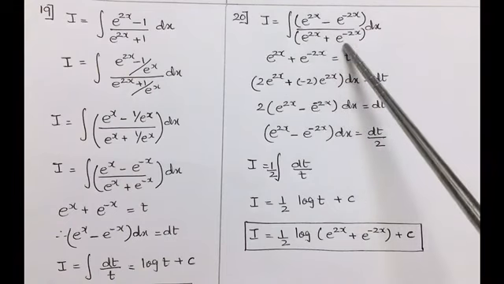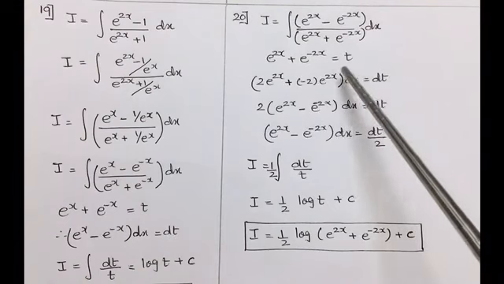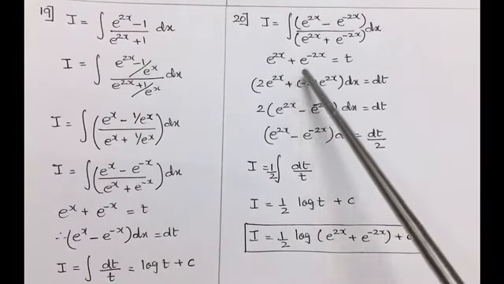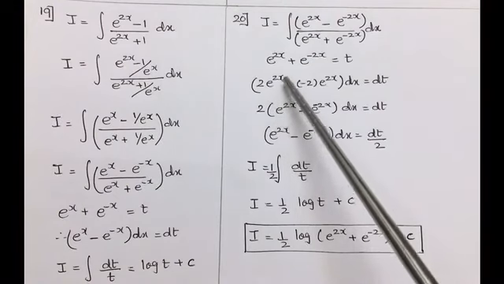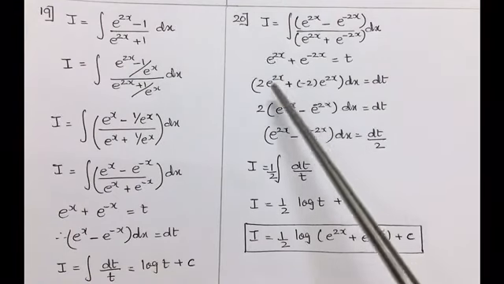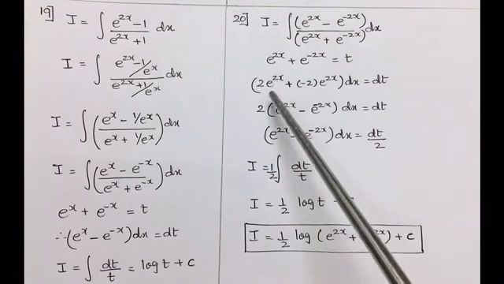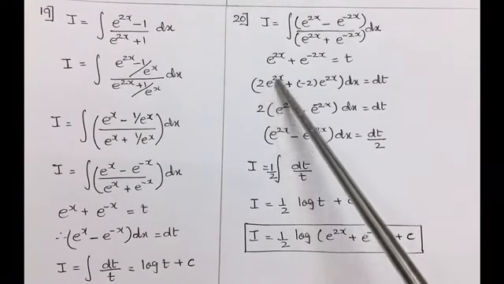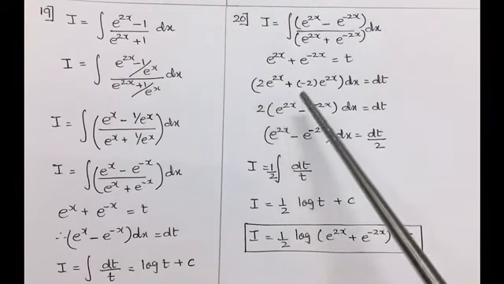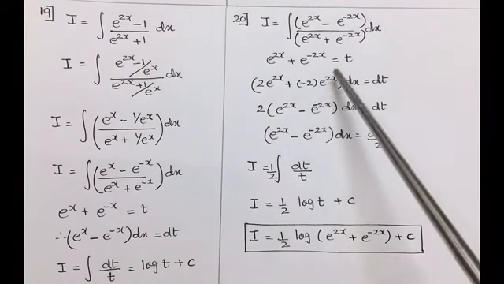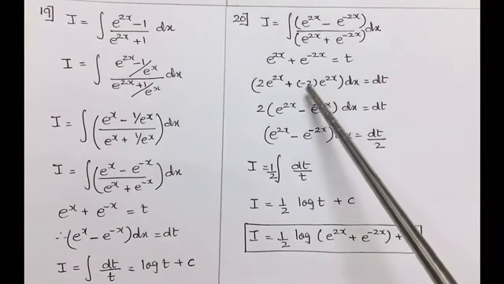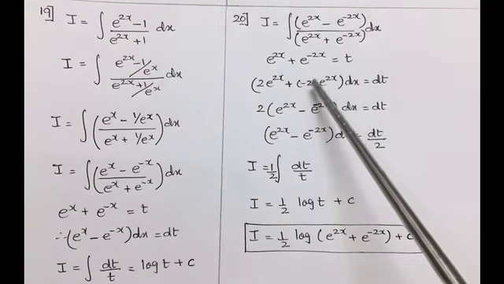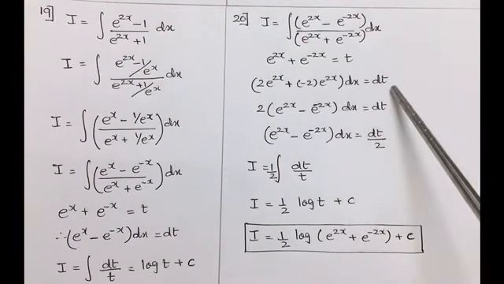Again, assuming the denominator as t and differentiating it, e raised to 2x will give us 2 e raised to 2x, because e raised to 2x differentiation is e raised to 2x, and this 2 is the coefficient of x which is multiplied. Same here, e raised to minus 2x derivative is e raised to minus 2x into minus 2, the coefficient of x, dx is equal to dt.